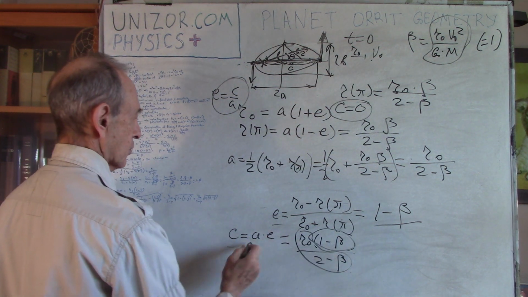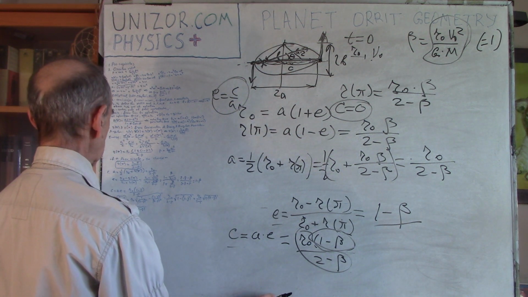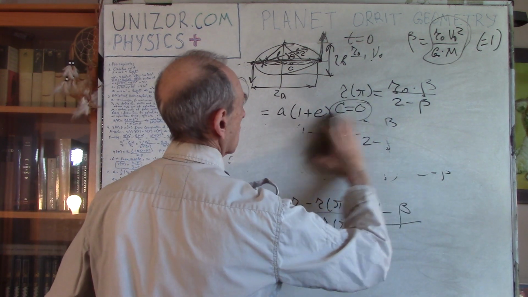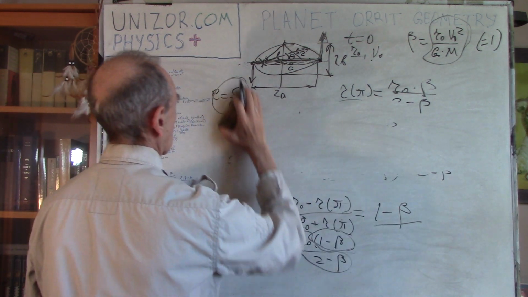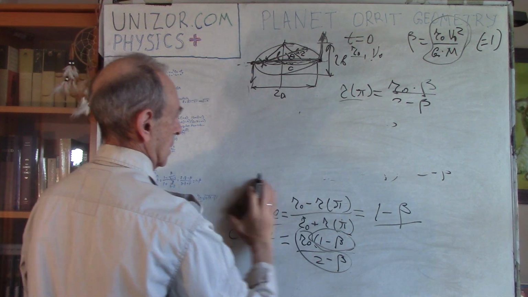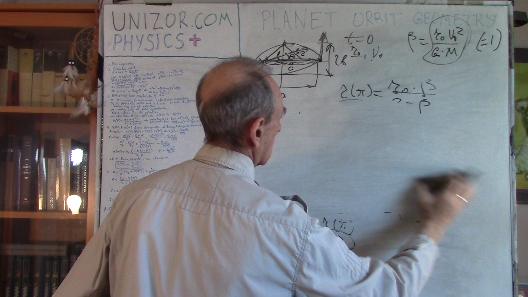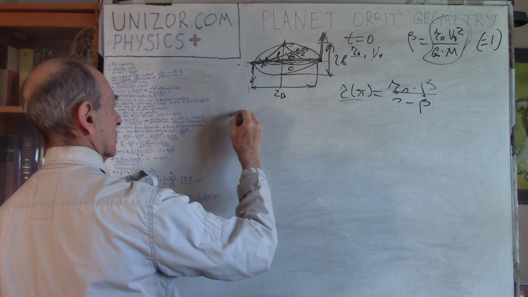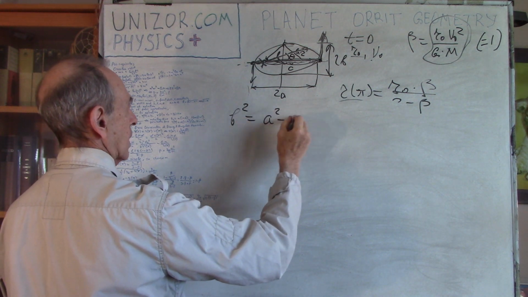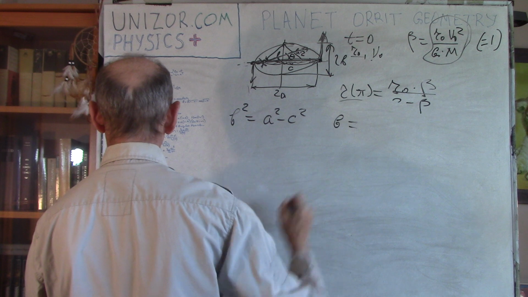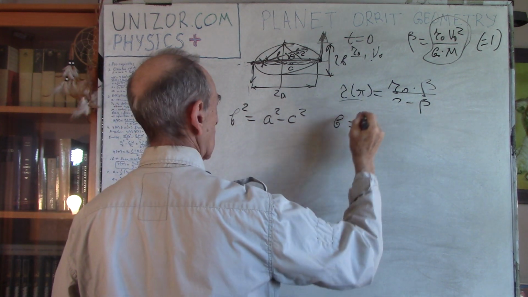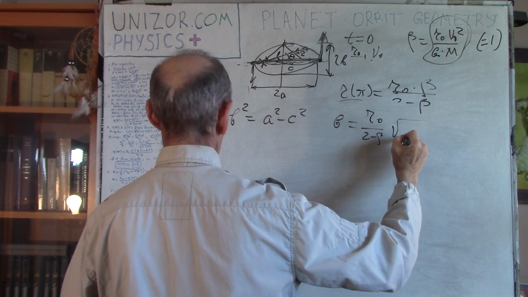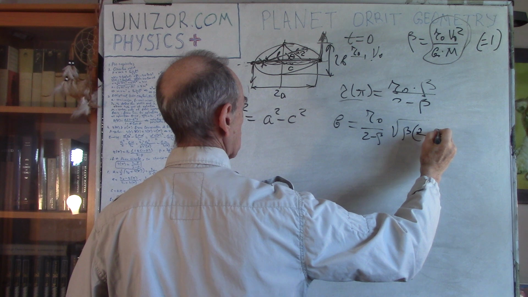So that's the formula for C, and finally the formula for B. Since B square is equal to A square minus C square, B is equal to, I'll give you just the result, R0 divided by 2 minus beta, times the square root of beta times 2 minus beta.